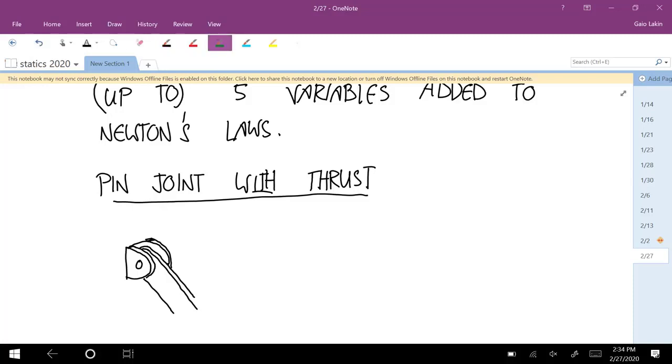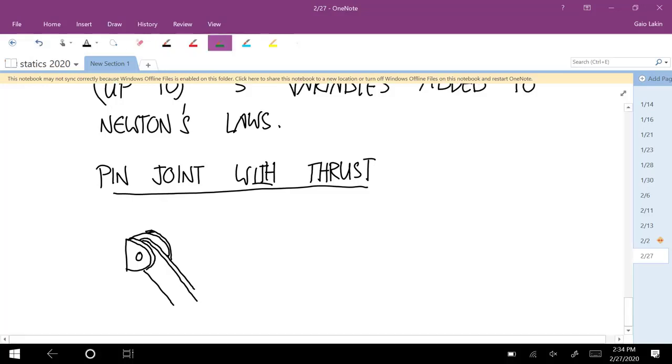And so if this coordinate system, say you have the z-axis going along the pin, and the y-axis up, and the x-axis this way.